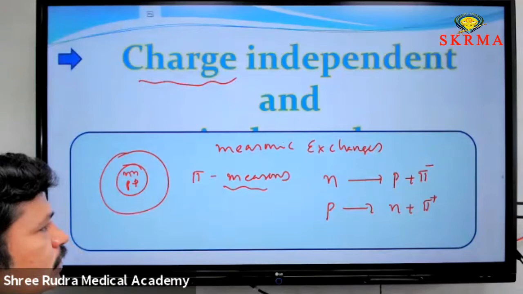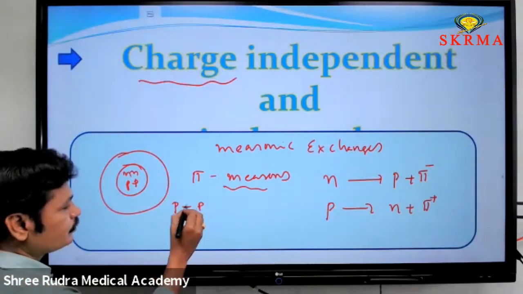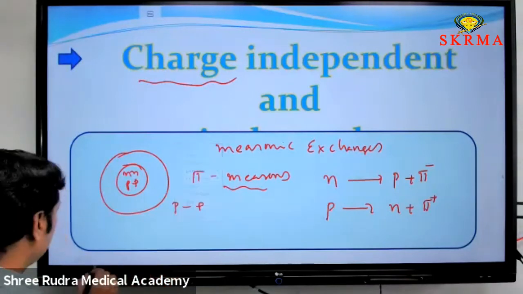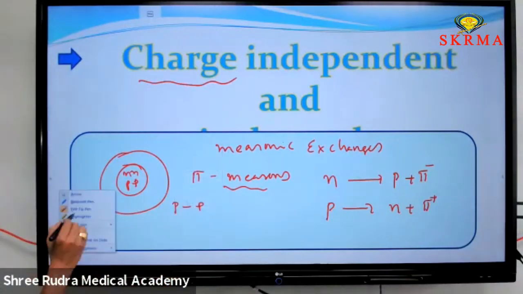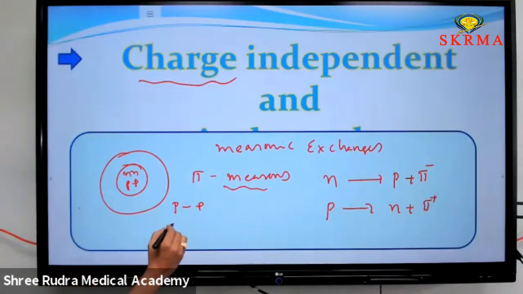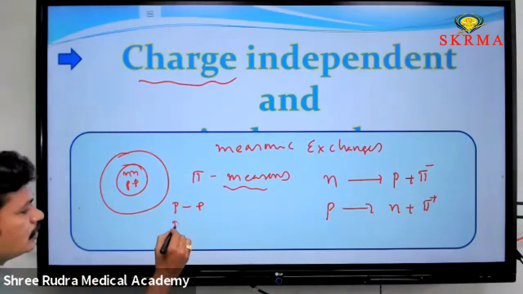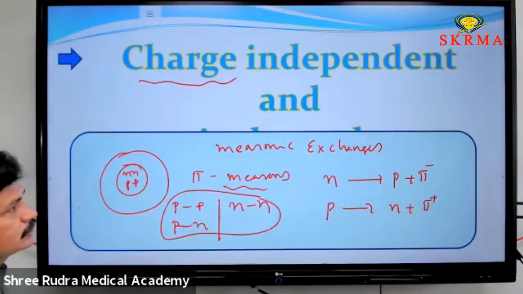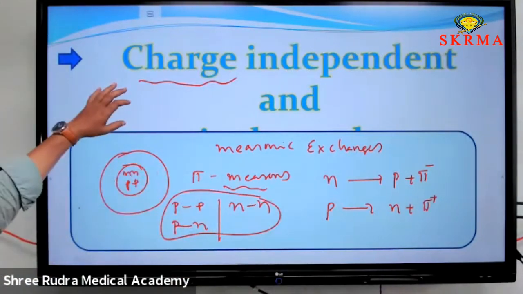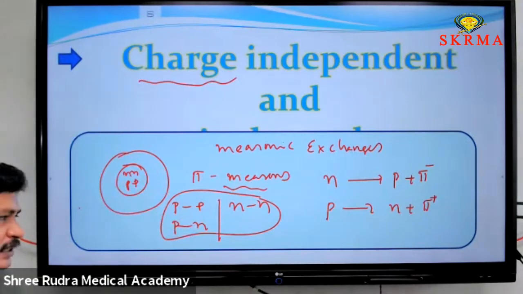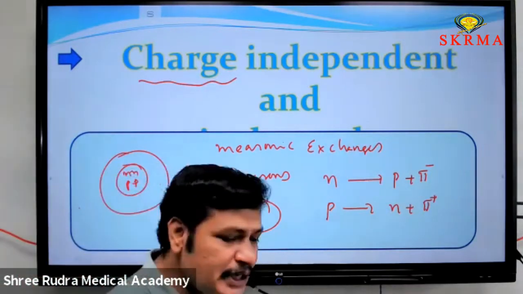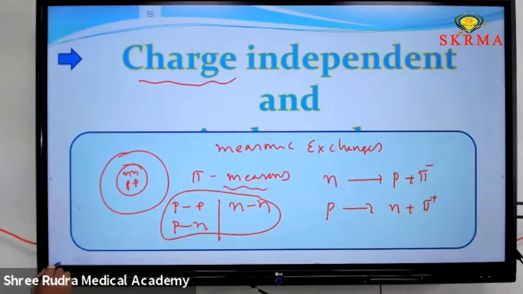This way, the force between proton and proton, as well as the force between proton and neutron, as well as neutron and neutron, all these are almost equal. This way, the basic property is charge independence. We should not consider the charge in the nucleus, as well as the other important property is that they are spin dependent.